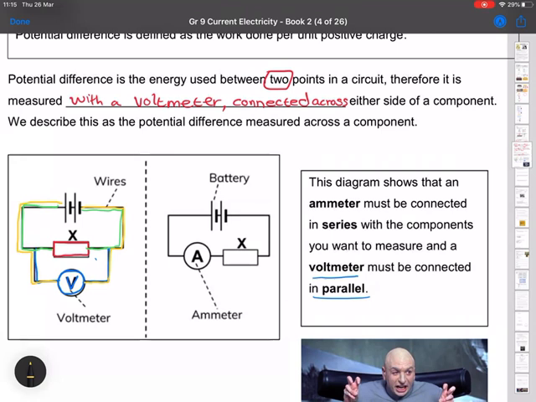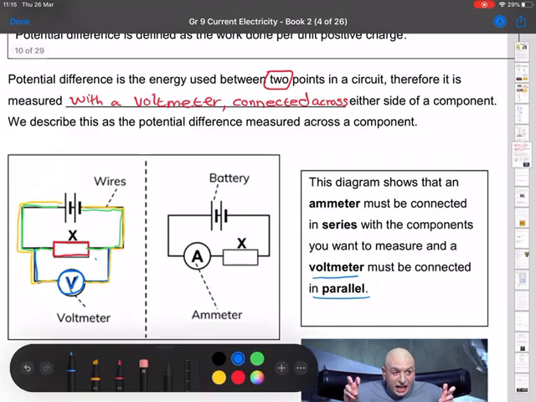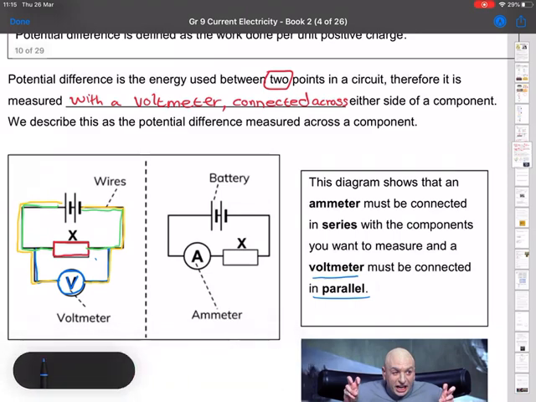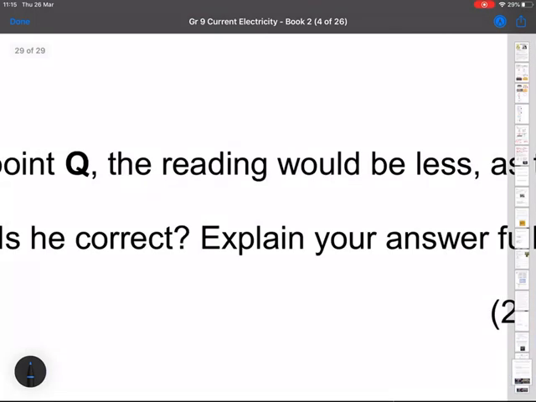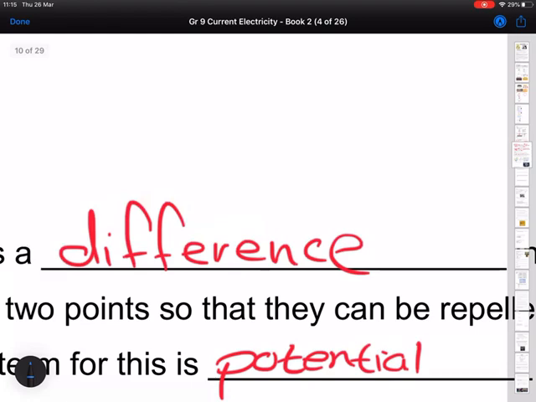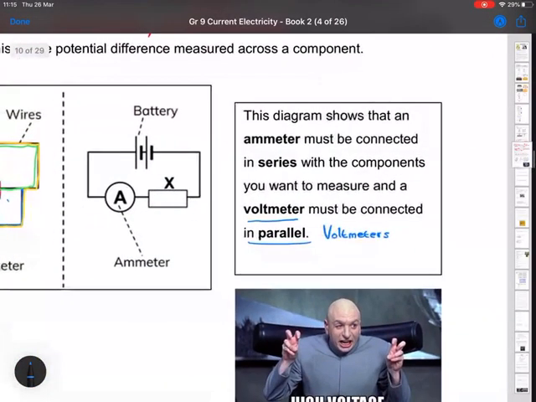Very, very little current, almost no current, will actually go through the voltmeter, and the reason why is because voltmeters have got very high resistance. I'd like you to make a note of that here, please, guys: voltmeters have high resistance.